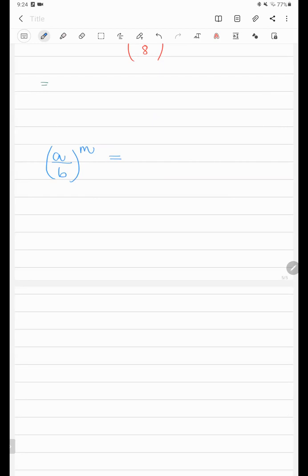Veer, what can I write after this? A by b to the power m. Ma'am, A to the power m divided by b to the power m. Yes, we can write a to the power m divided by b to the power m. Is it right? Yes, ma'am.